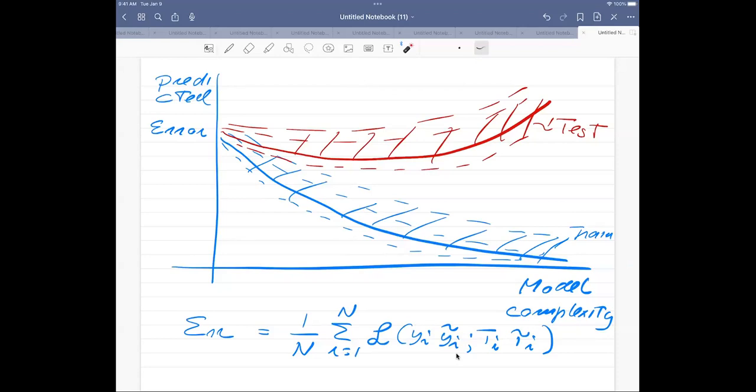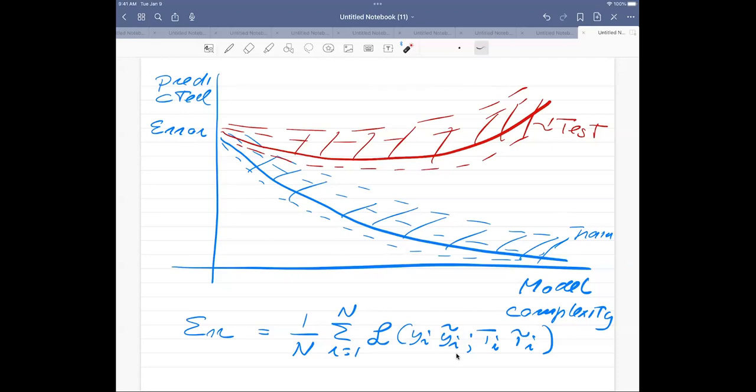This bias-variance debate is something you will often see in connection with the mean squared error, because it's much simpler to interpret things in terms of the mean squared error. So you will often see figures like this one.